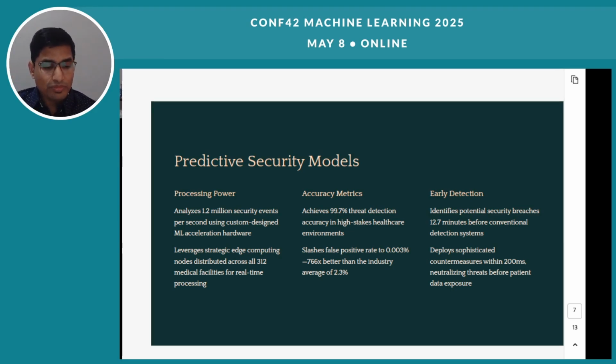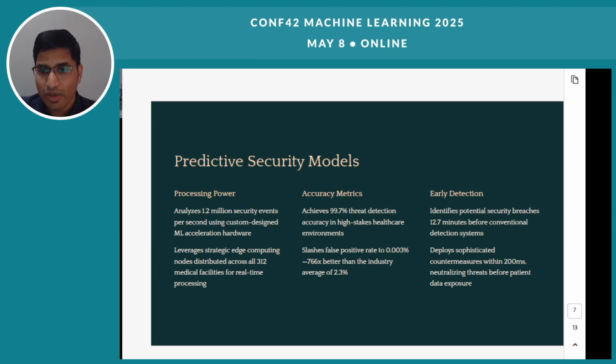The first is processing power, which in the current AI world is very important. It is essential to architect a system capable of analyzing millions of security events per second. Utilizing custom-designed machine learning acceleration hardware enables rapid, intelligent decision-making, which is key to predictive security models.